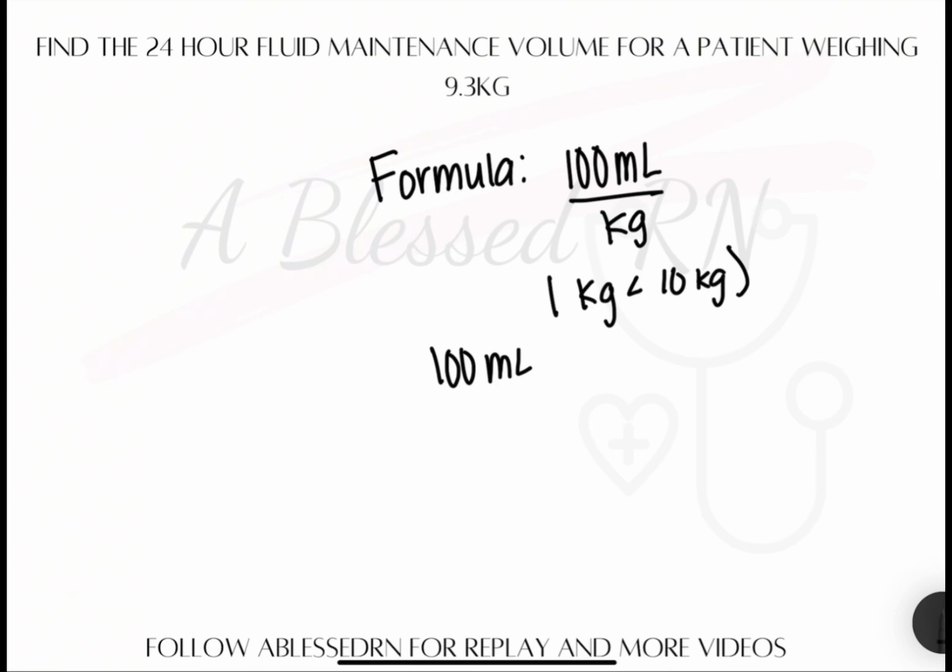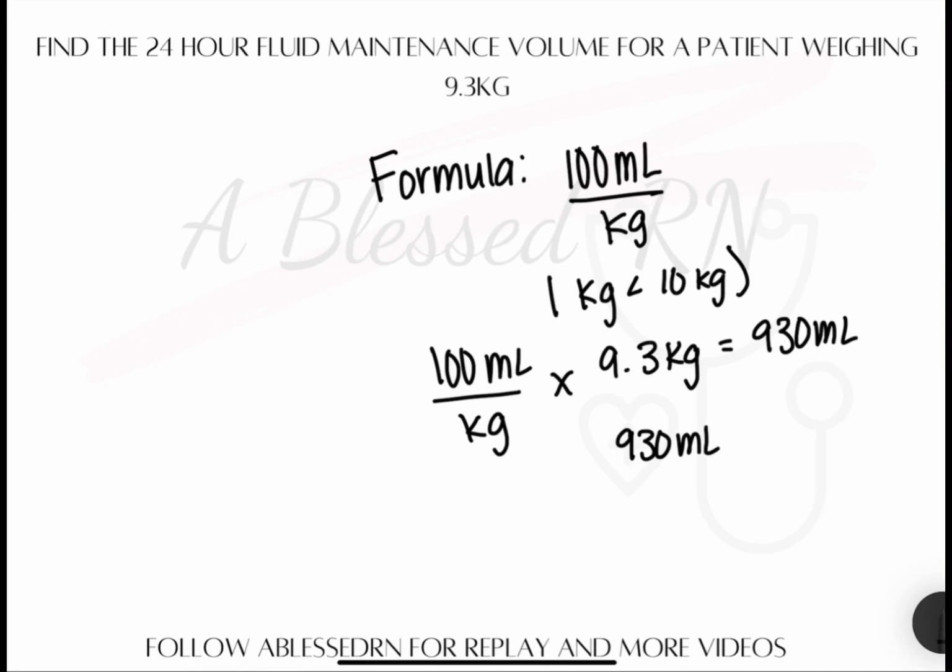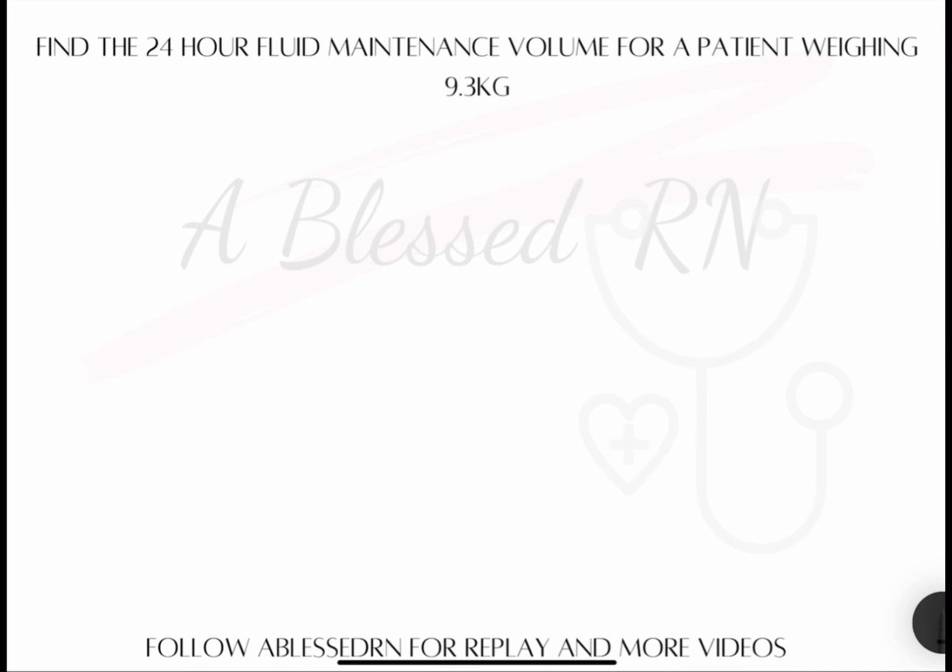Of course, once again, your kgs will line up and cancel out, and you're left with milliliters. So when we multiply 100 times 9.3, we should get 930 milliliters. So on this one, our amount will be 930 milliliters per 24 hours.